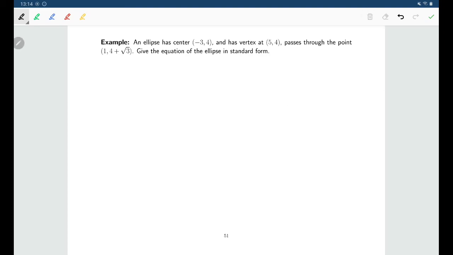So that means that when we're thinking about the equation of our ellipse, number one, we have the center, negative 3, 4, so we'll have an x minus negative 3 squared. There'll be a y minus 4 squared.